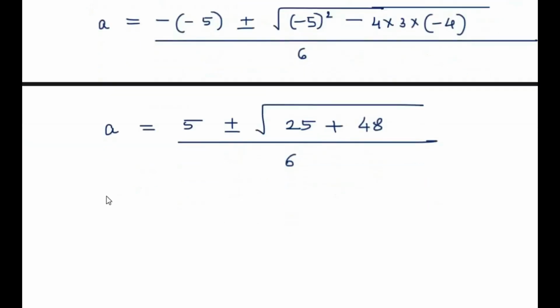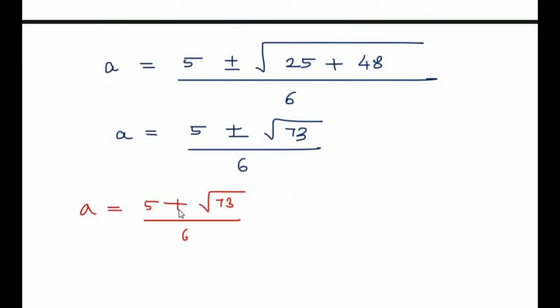Simplifying, we get a is equal to 5 plus or minus square root of 73 divided by 6. So we have got two values of a. One is 5 plus square root of 73 over 6, and the second one is 5 minus root 73 over 6.